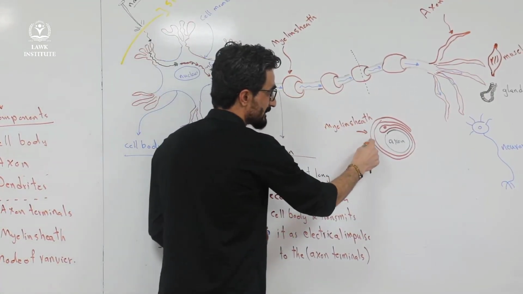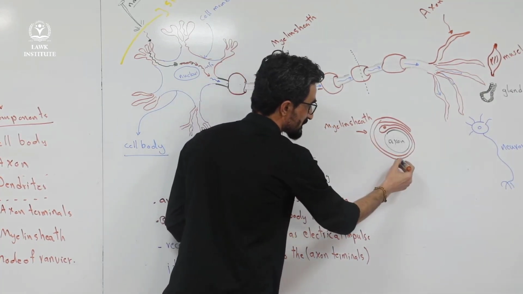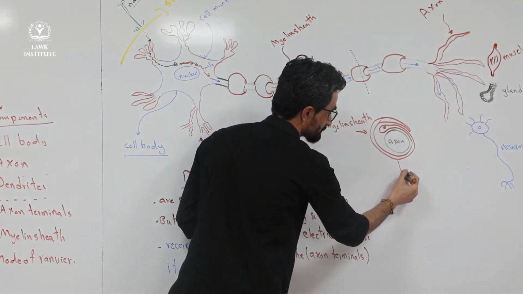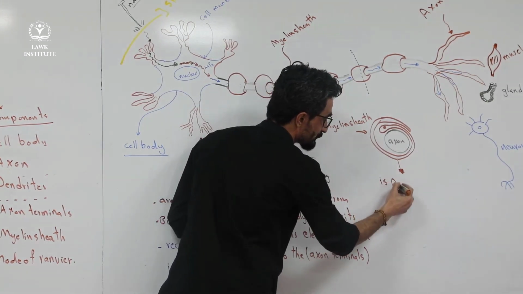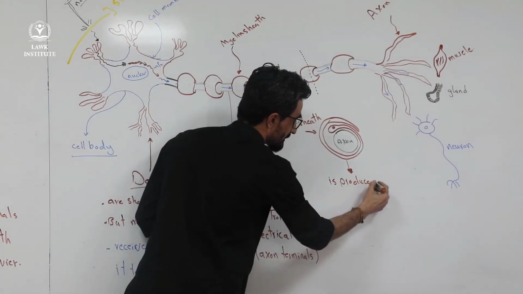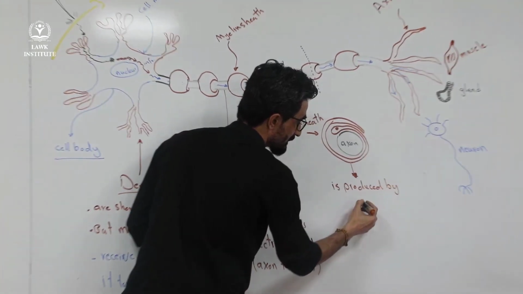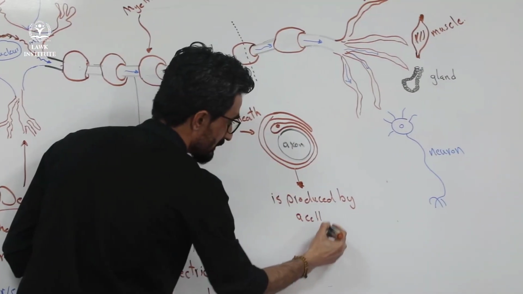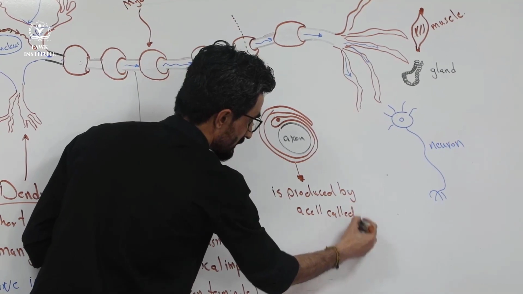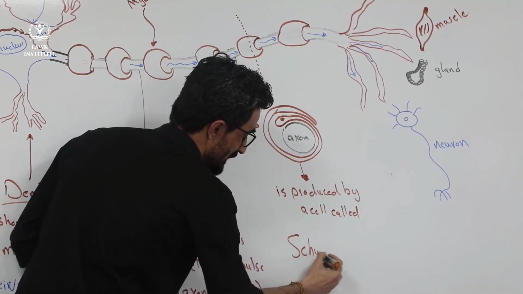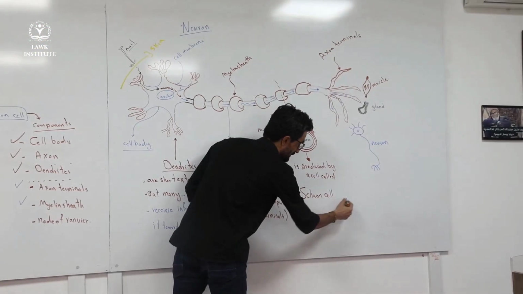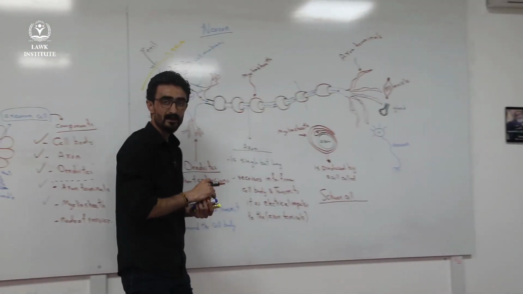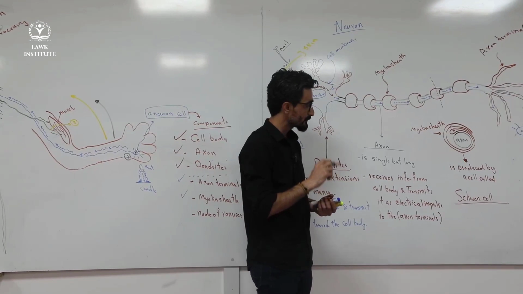This kind of myelin sheath, let's say, is produced by a cell called Schwann cell. It is produced by a kind of cell which is called Schwann cell.